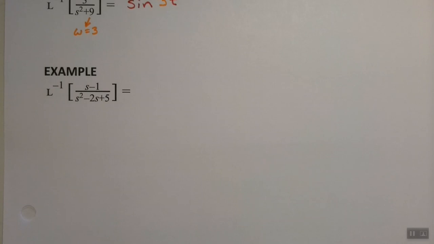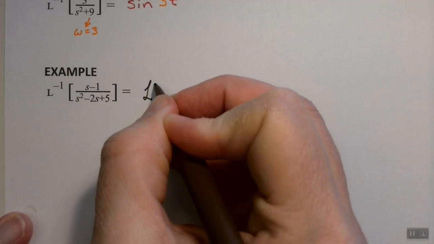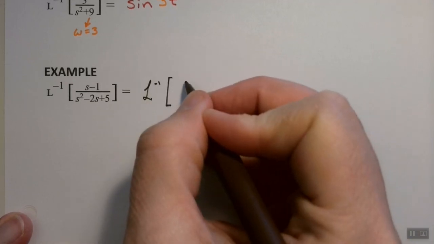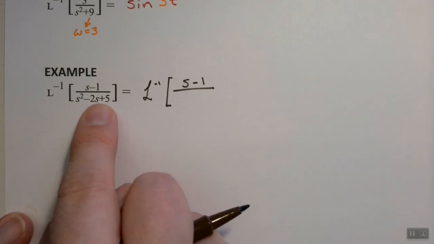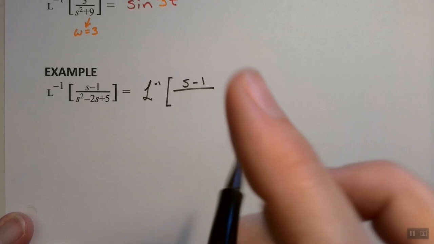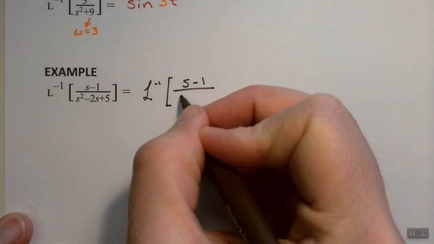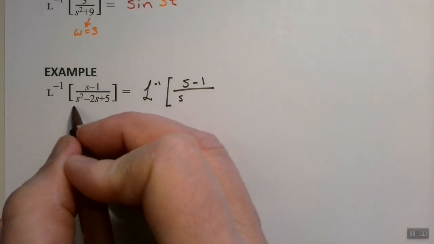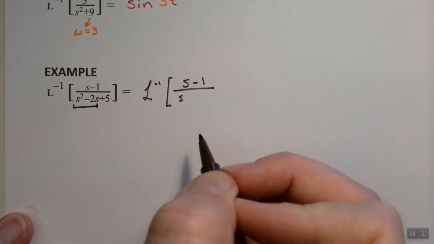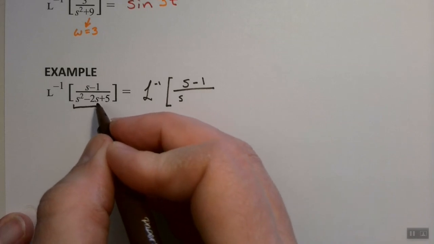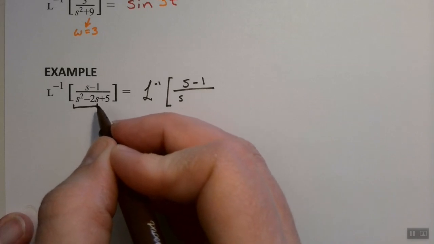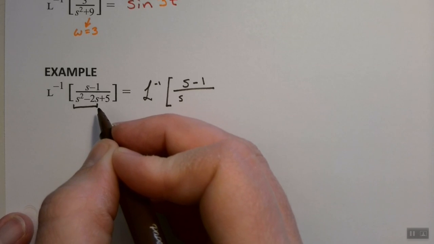So if you notice, this could be rewritten as the inverse Laplace of, up top, s minus 1. And in the bottom, I'm going to take these first two terms and try to play around with them. And if I can make a perfect square out of that, then we're in good shape. So off to the side, you might say, okay, if these two terms become my perfect square, then what do I have to add and then, of course, subtract at the same time in order to make this work?